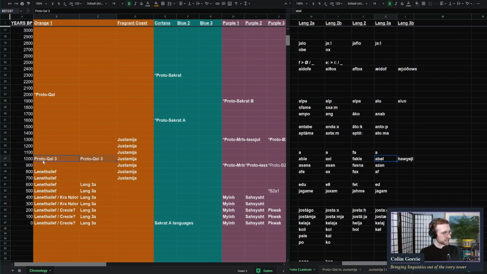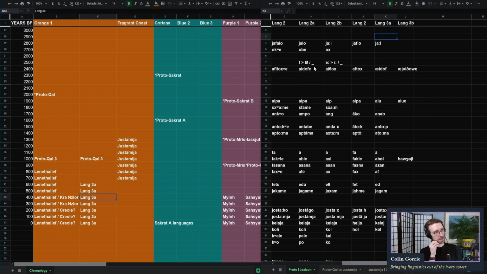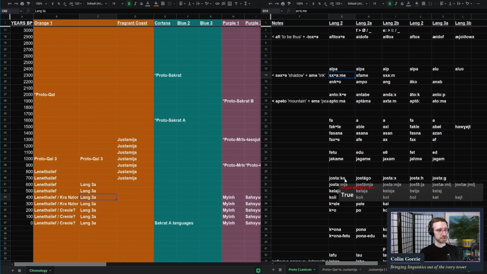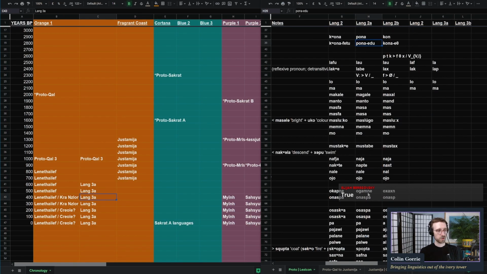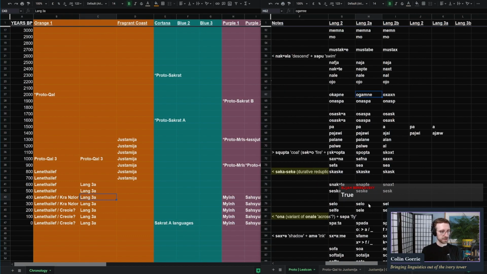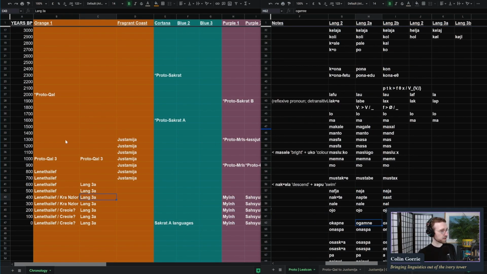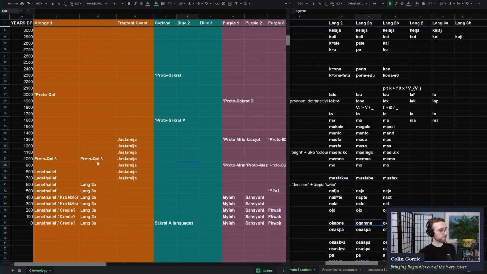Something like this. And we also have the 2 branch, which has forms like Swame and Ponaedu, Ogamne. Yeah, these are kind of cool. So let's put them in. There's also call 2, which will need, well, why don't we do this?